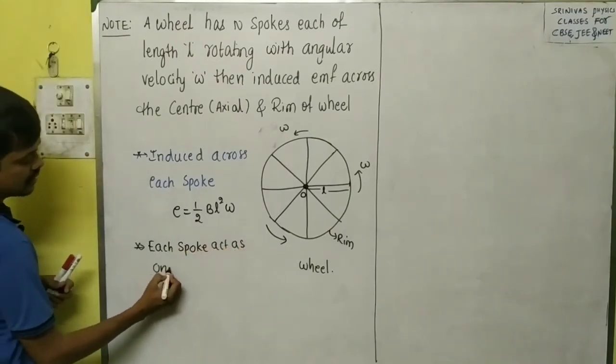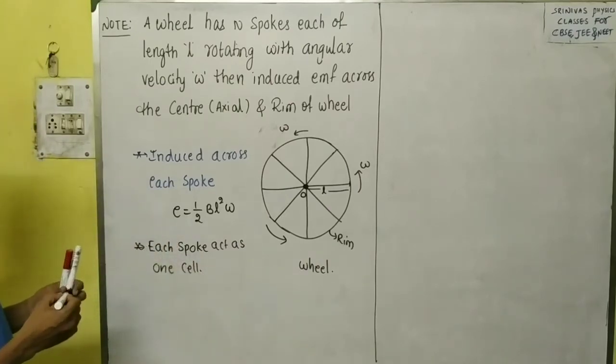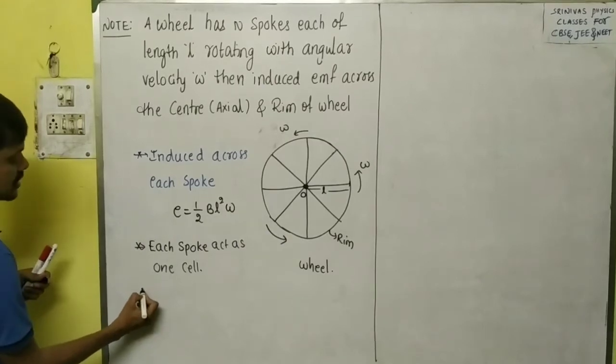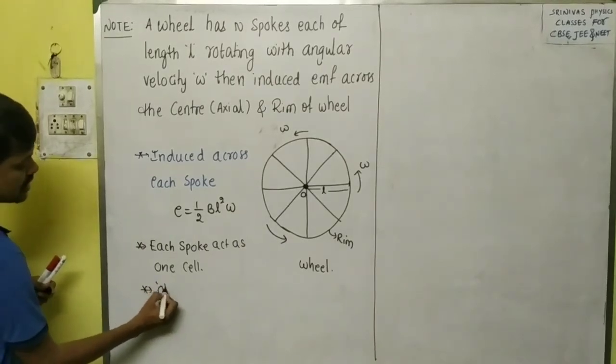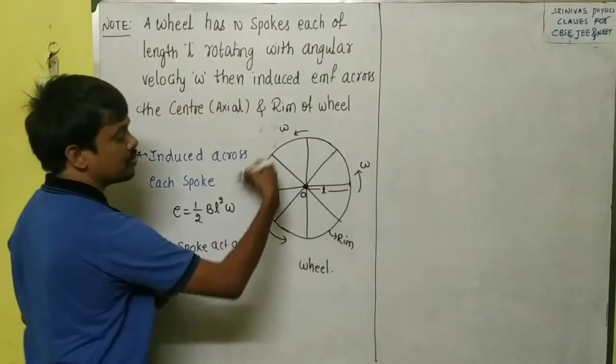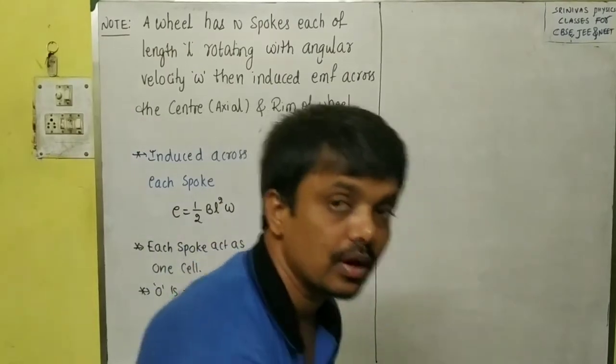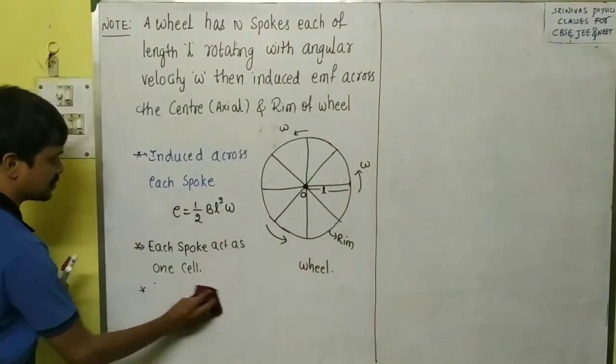The center O is at high potential, O is positive, and the rim is at low potential, negative.